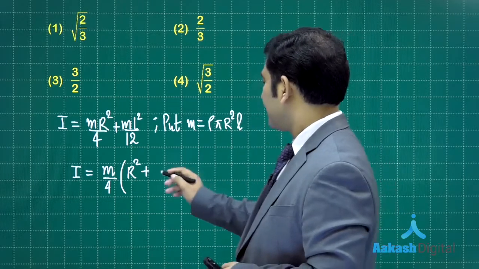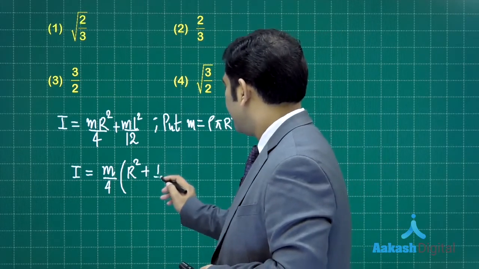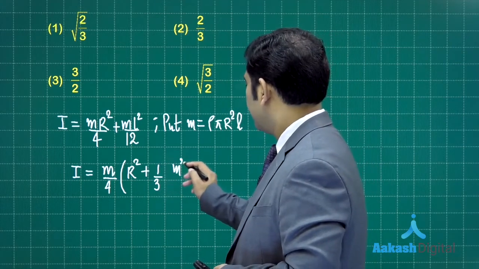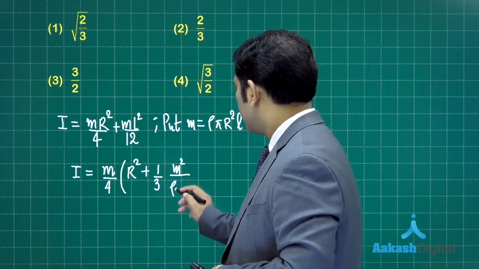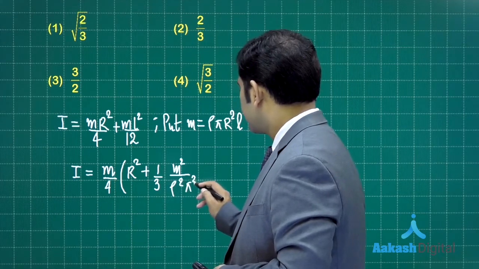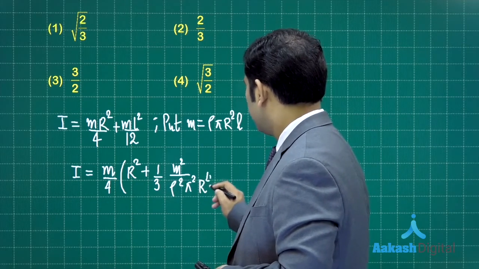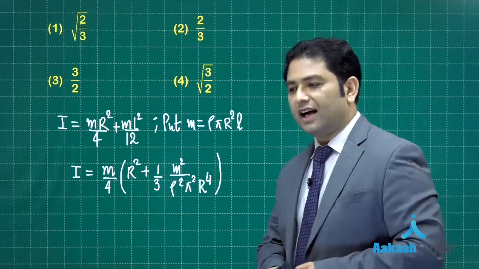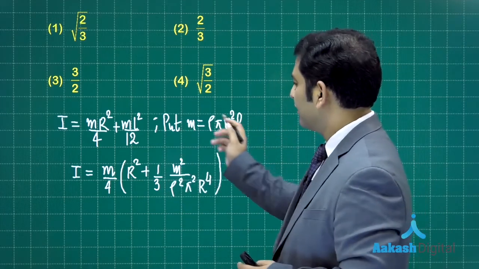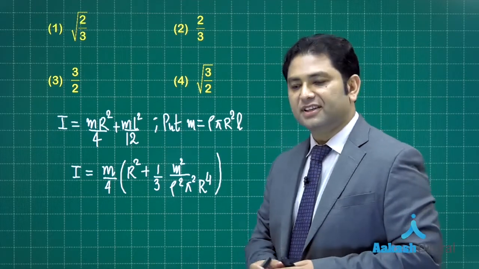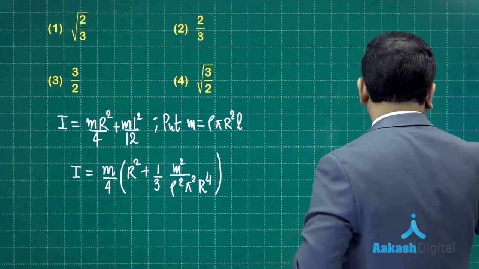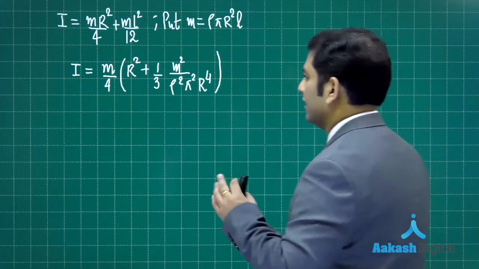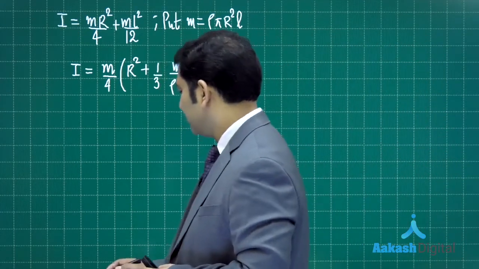Now L square I can write in this way, so that's m square by rho square pi square r raised to the power 4. I replaced the value of L from here, and there's L square. So this is what you get for the moment of inertia. Now we need to see under what condition the moment of inertia will be minimum.